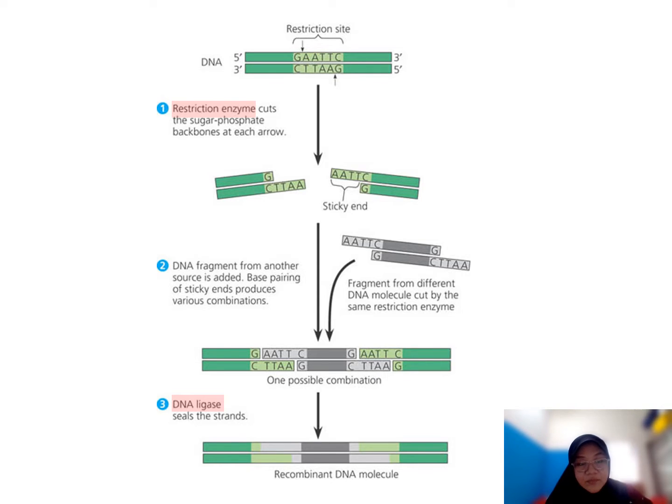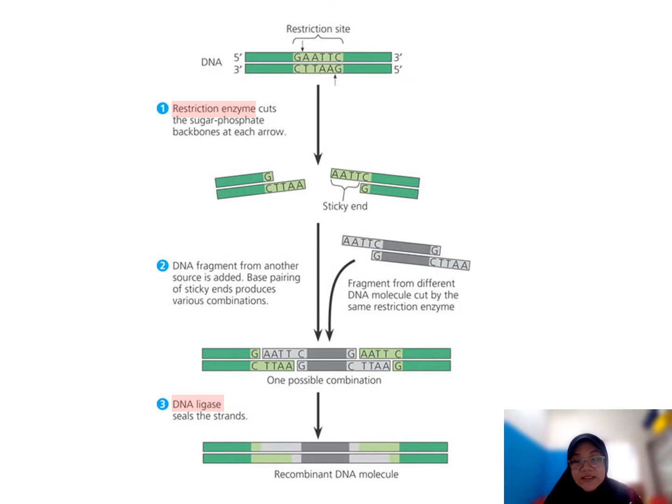After the combination of the molecules of DNA from the gene of interest and the plasmid, this will involve DNA ligase to seal the strands, and the end product is the recombinant DNA molecule. So again, from this slide, you must know it involves two types of enzymes.